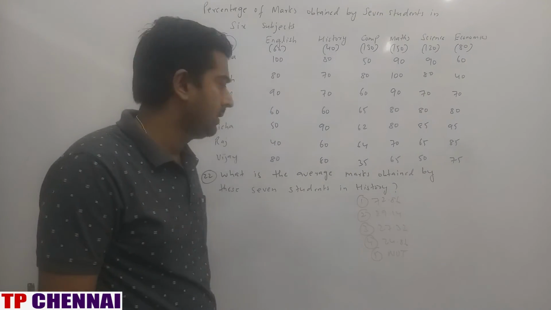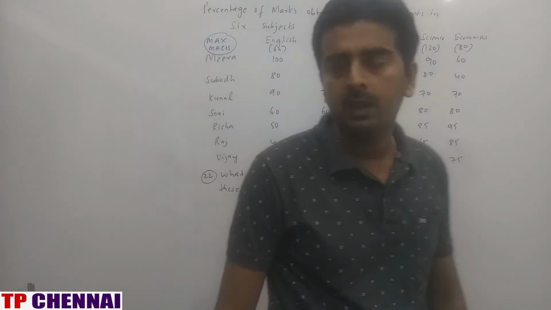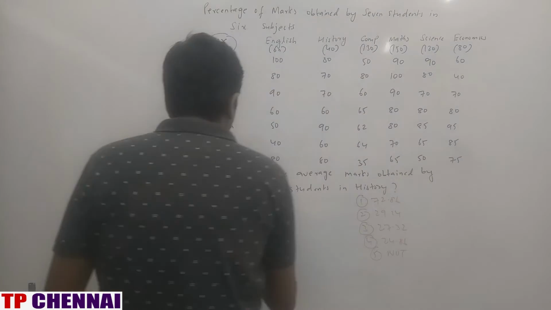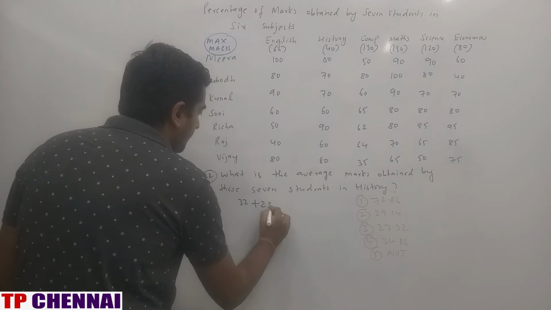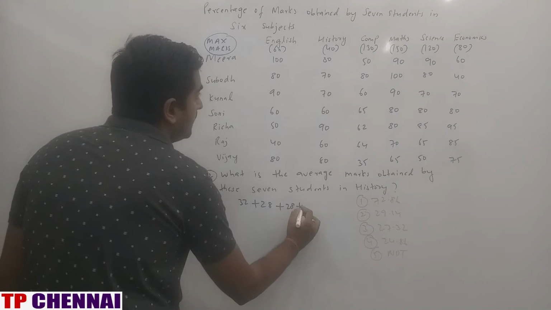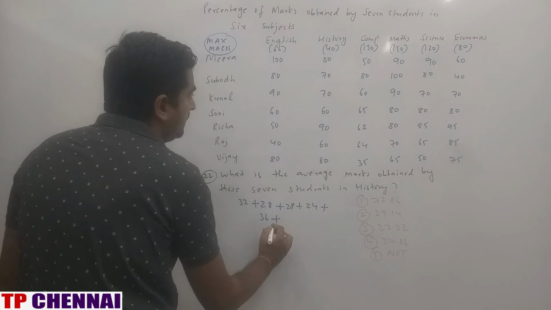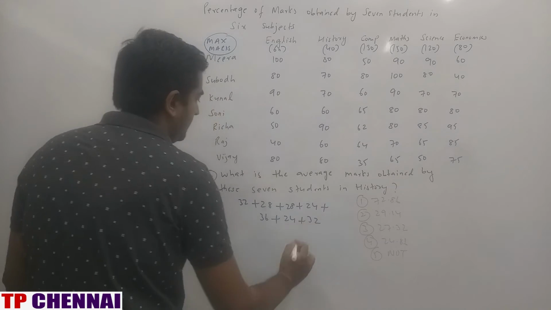Now we'll see the second one. What is the average marks obtained by these 7 students in history? So 8 into 4 is 32, plus 7 into 4 is 28, plus 28, plus 24, plus 36, plus 24, plus 32.